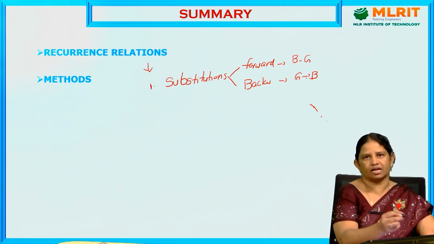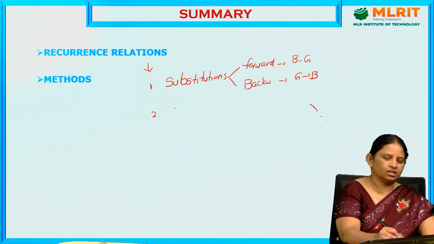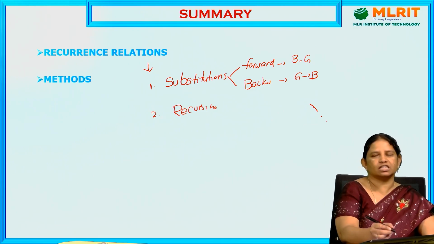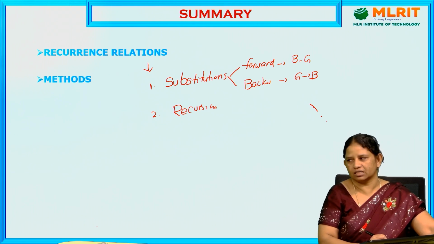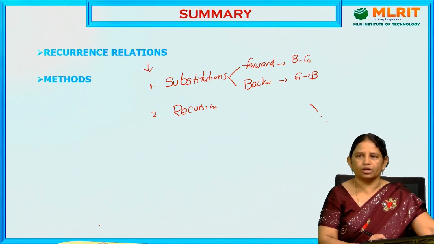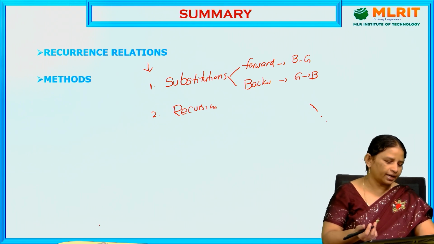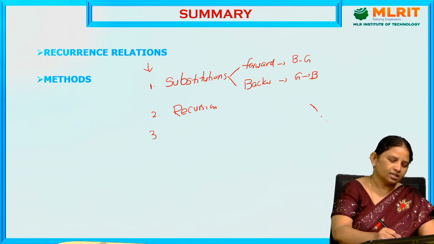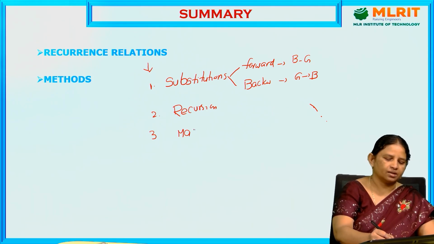In the second method, the recursion tree method, we follow the divide and conquer strategy. Divide the main problem into sub-problems and each sub-problem can be solved independently. The third method is the master's theorem. In the master's theorem, there are two variations.